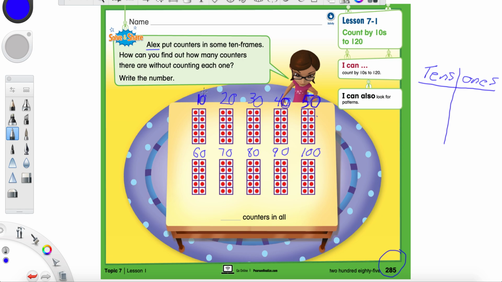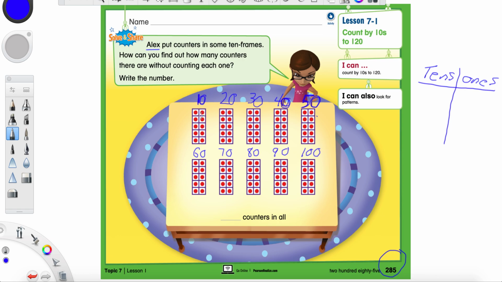So let's go ahead and just say these numbers together to make sure that we know our big numbers, because sometimes we forget them. So we have 10, 20, 30, 40, 50, 60, 70, 80, 90, 100.